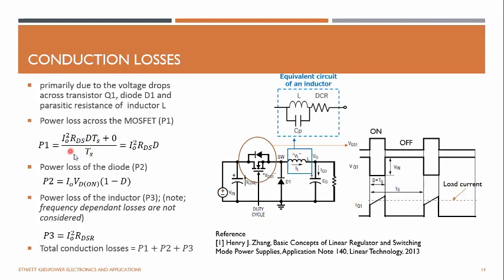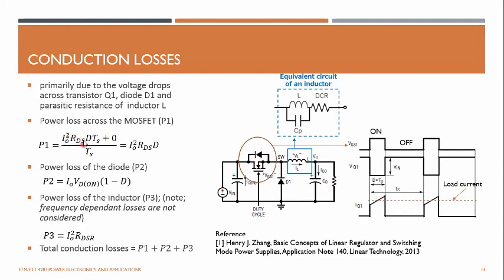The power loss is the summation of the energy of the charging phase plus the discharging phase divided by the total time period. In the discharging phase there is no current flowing through this transistor, so the loss is zero. In the charging mode, the inductor current goes through this power switch, so the average current of the inductor is the load current.